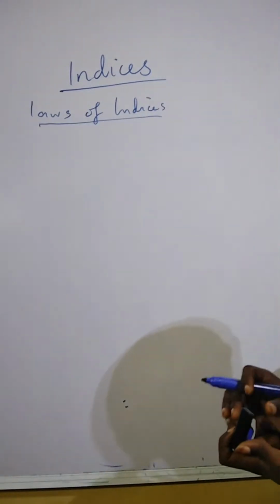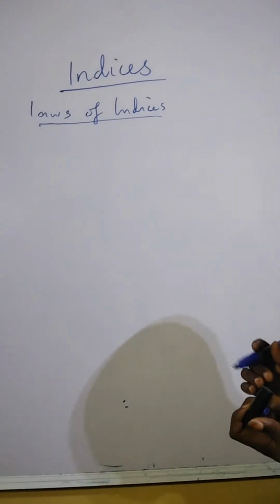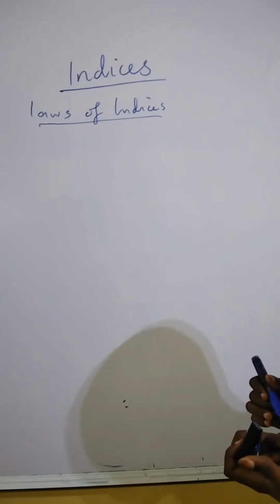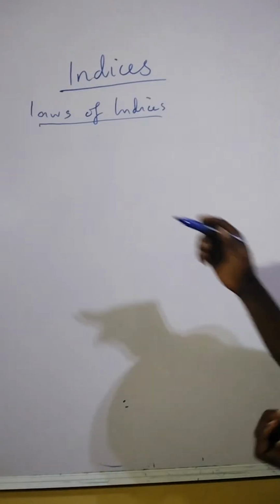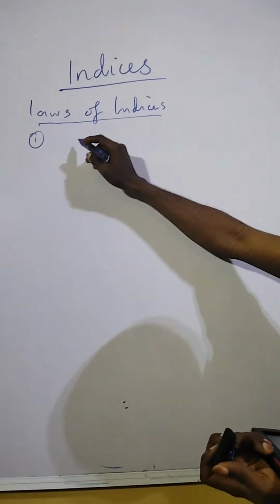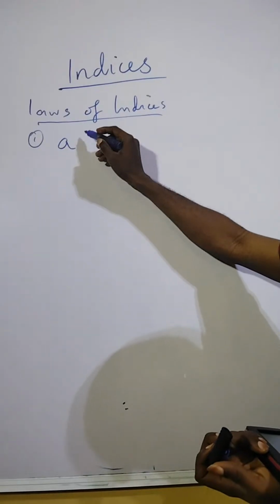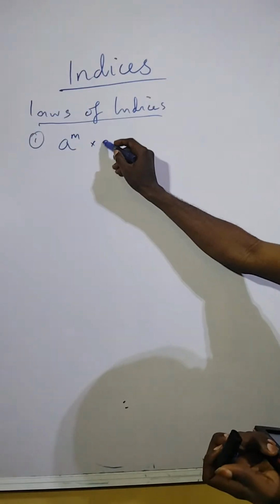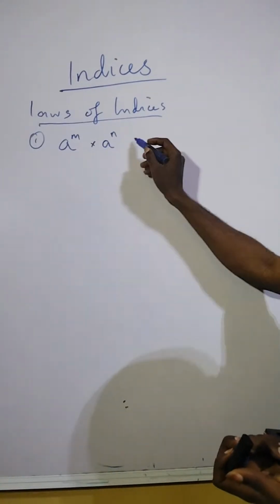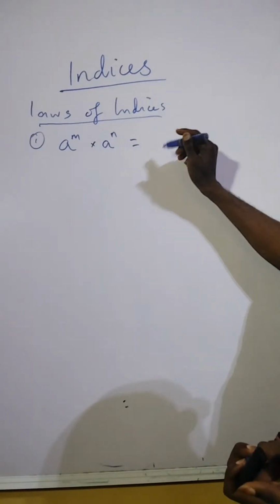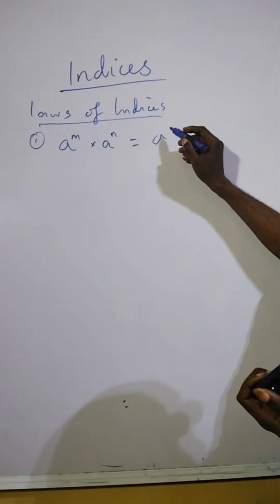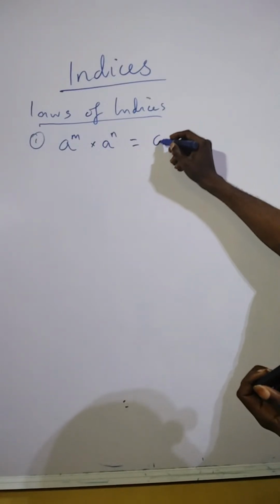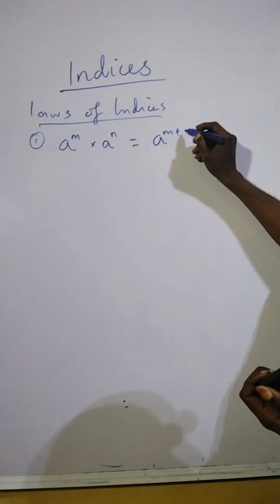So let's look at these laws one after the other. The number one law here: when we have a raised to power m times a raised to power n, this is going to give us a raised to power m plus n.